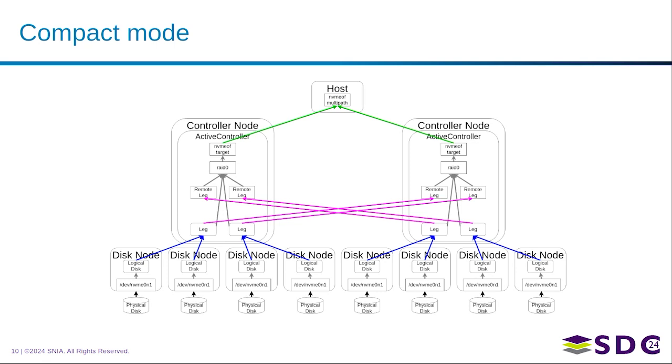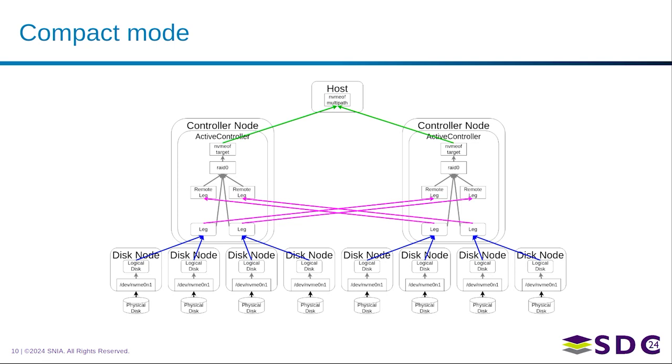Okay. Here we see a virtual NVMe device allocates the logical disks on the different disk nodes, and then the virtual NVMe device has multiple active controllers. Each controller connects to a subset of these logical disks.